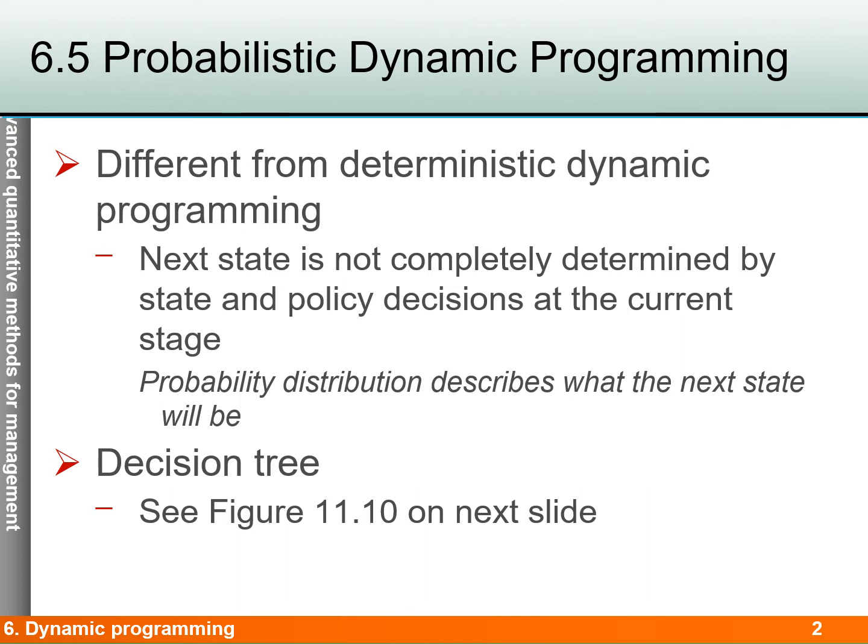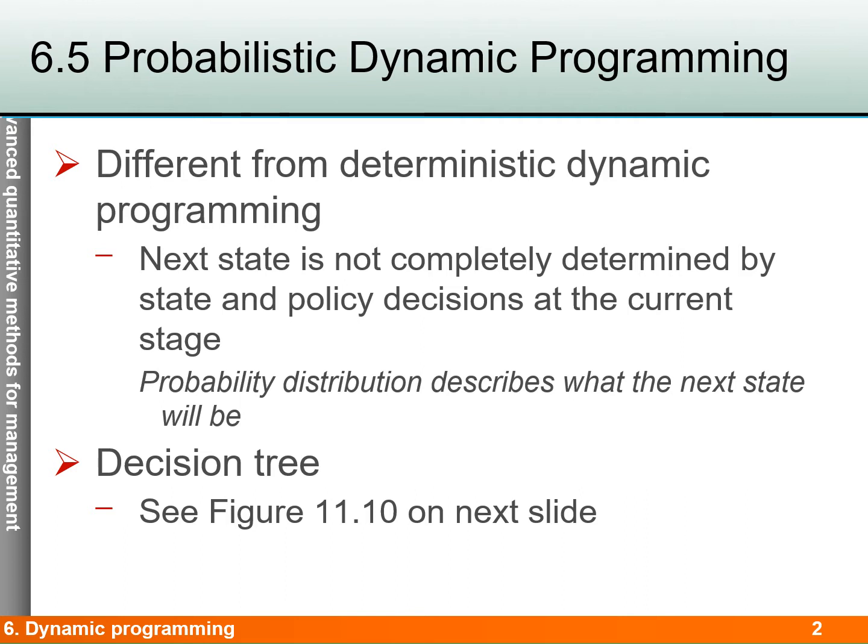The probabilities of stage n plus 1 will come based on the distribution of stage n, with one difference in the contribution of these probabilities. We'll see that in our example in the next slides.